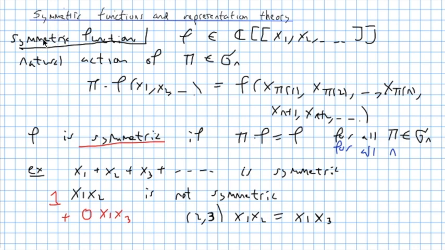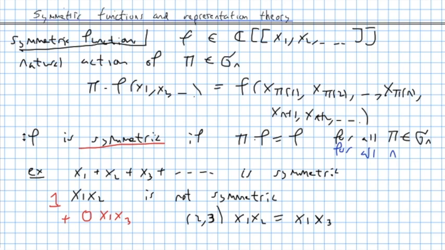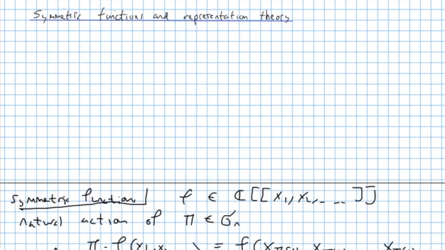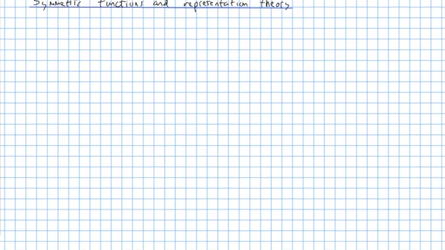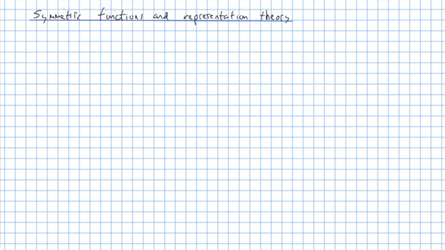Okay, so that's an example of a symmetric function, and symmetric functions form a ring. If you add or multiply symmetric functions, it stays symmetric. If you scale them as well. So we're going to study this ring of symmetric functions. It is denoted by capital lambda.